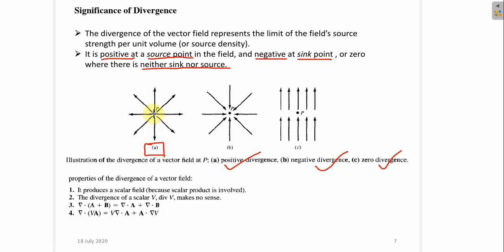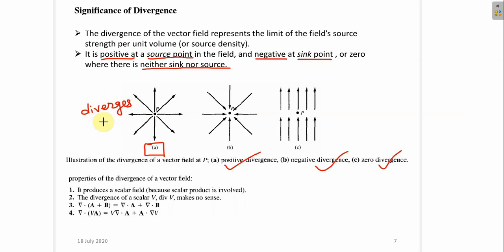So in the first figure, the divergence of the vector field at this point P is positive. Why positive? Because the vector diverges or spreads out. It is divergence.